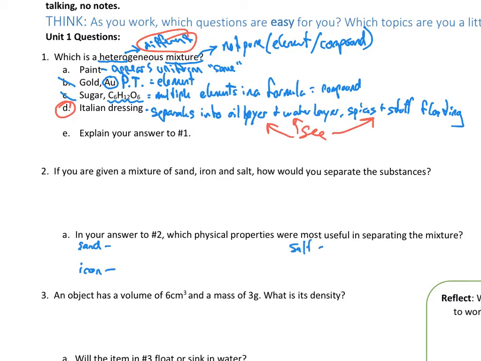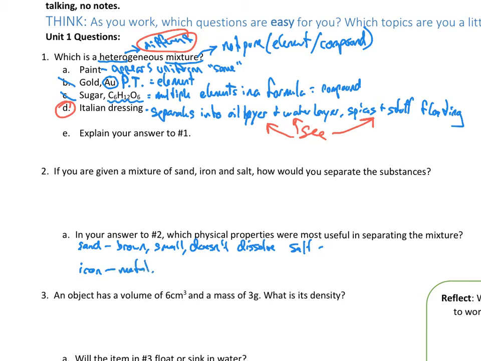So what do I know about sand? Well, it's kind of brown in color, small, it doesn't dissolve, I know, because otherwise we would not have sand beaches because they would just dissolve in the ocean. What do I know about iron?